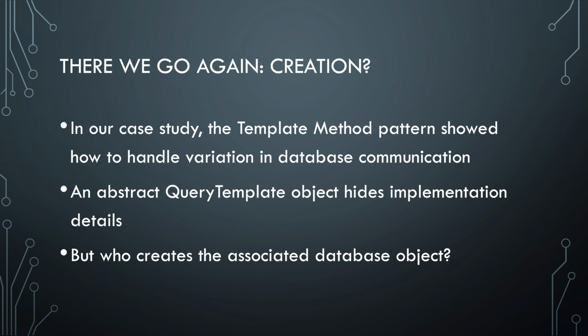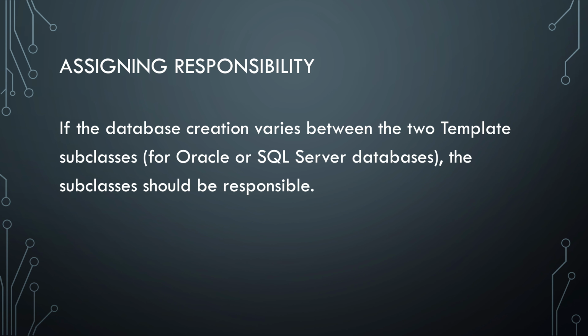Now we again have to deal with creation in some way. Even though the template method pattern showed how to handle variation in databases, who creates the database object that is used? If the database that is used depends on which template subclass is used, then these subclasses should be responsible for creating their own database.